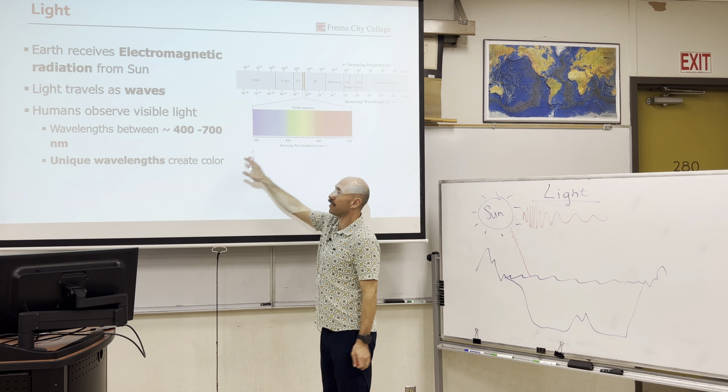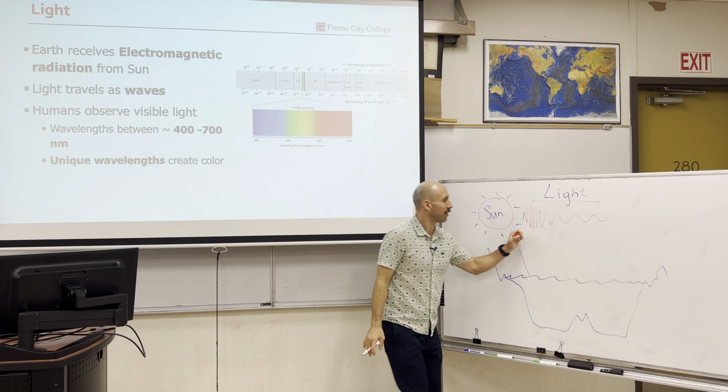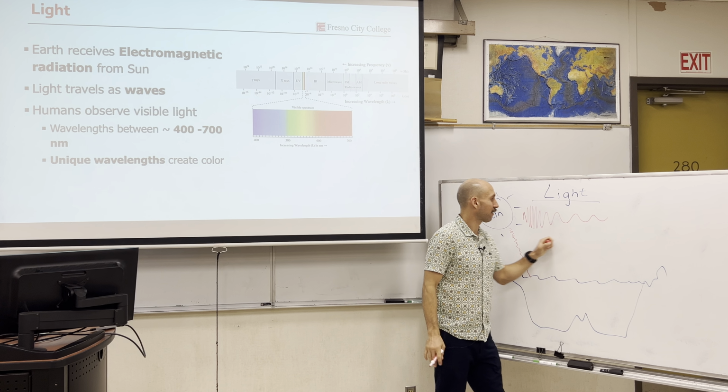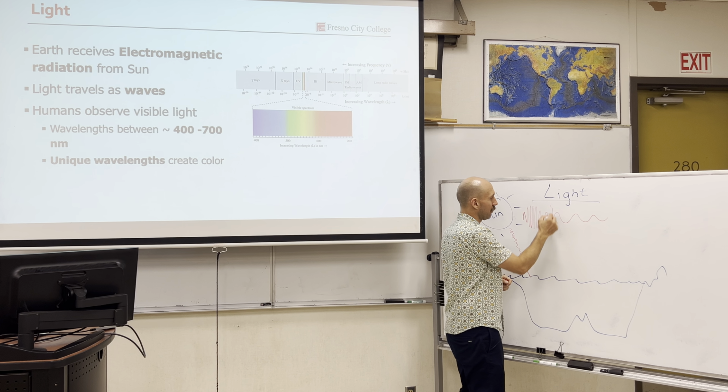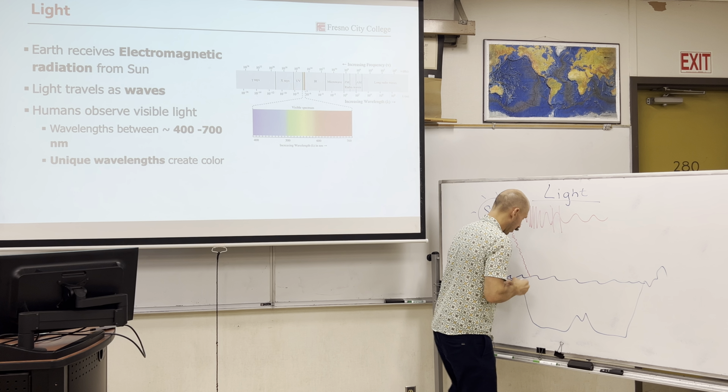Now, what we see in the wavelengths of light is a very small pocket called visible light.